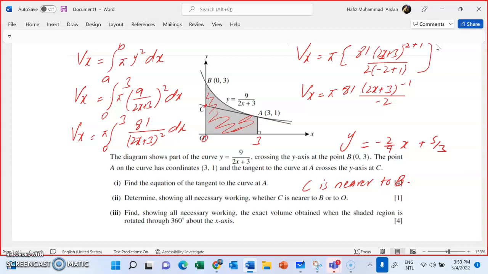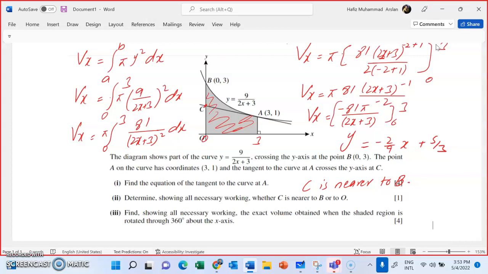So we can substitute the limits, which is 0 to 3. So let's write it this way, it will be 81 pi over 2x plus 3 with a negative, from 0 to 3.